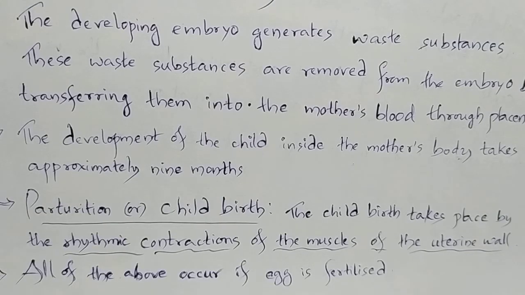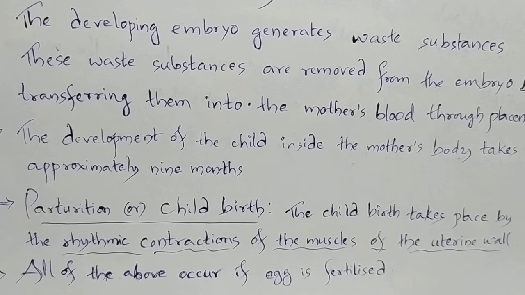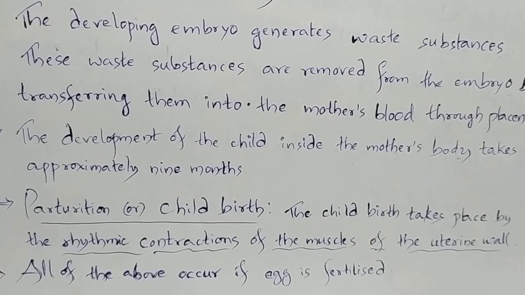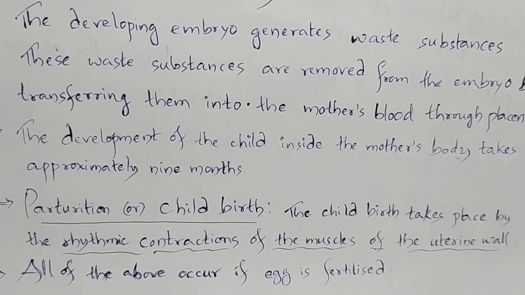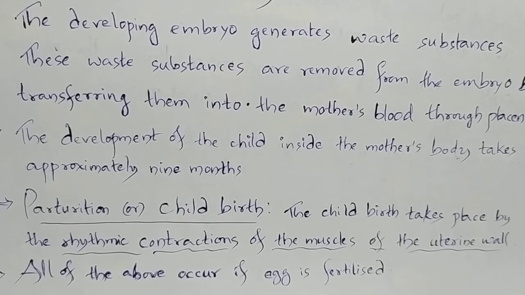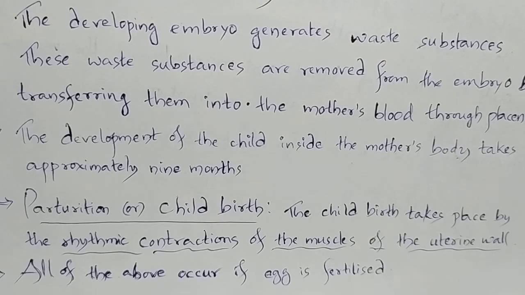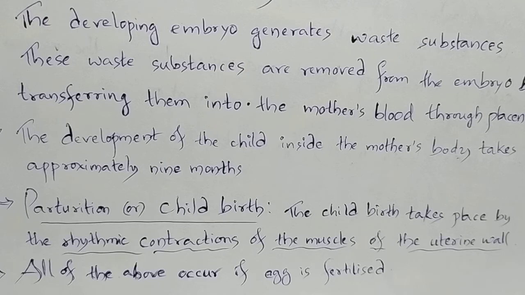The developing embryo produces many waste substances, like how in our body waste materials are generated by normal cellular metabolism. In the same way, in the developing embryo also waste materials are generated. These waste materials have to be removed from the growing embryo, otherwise they will cause harm to it.